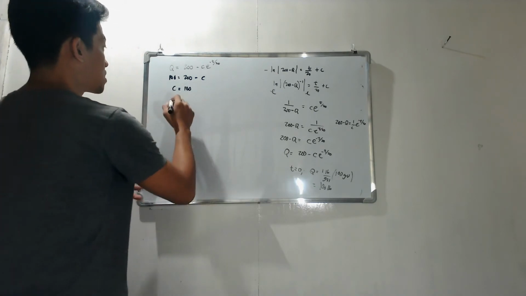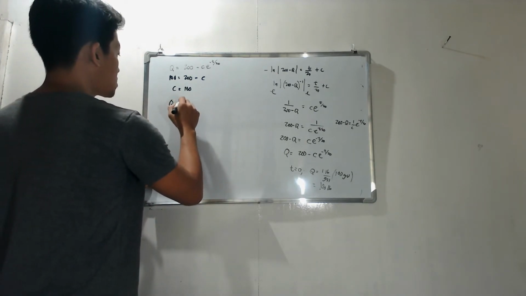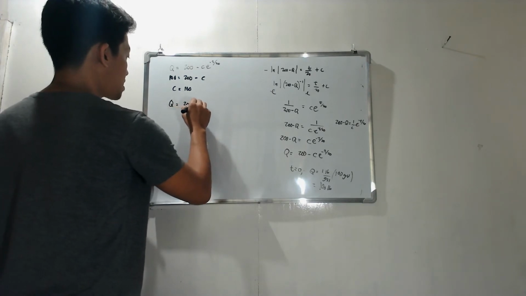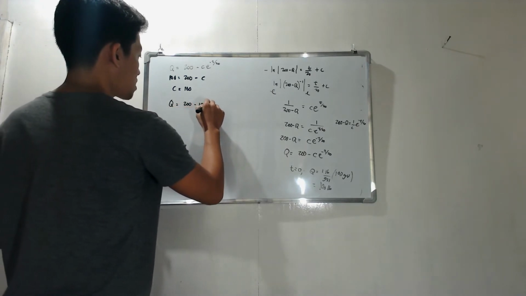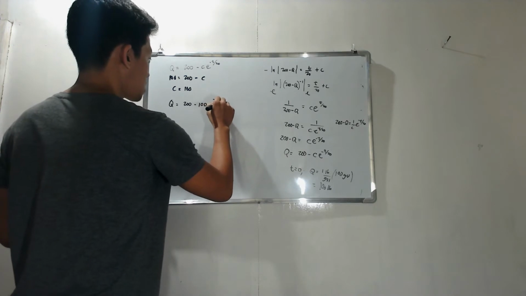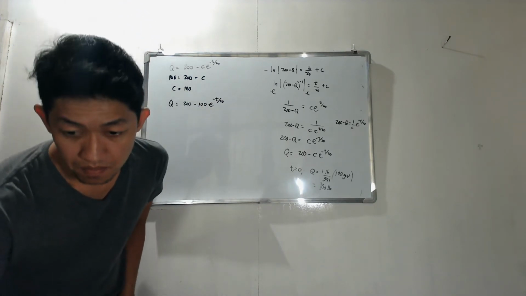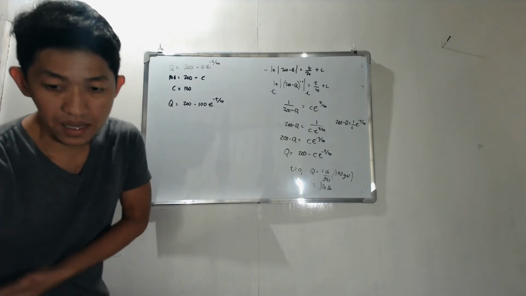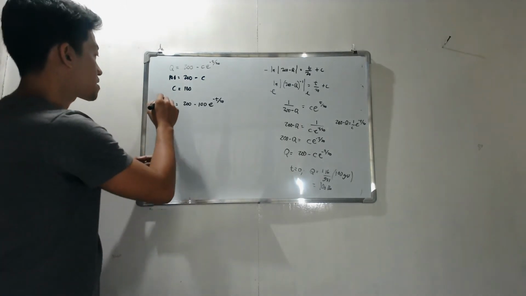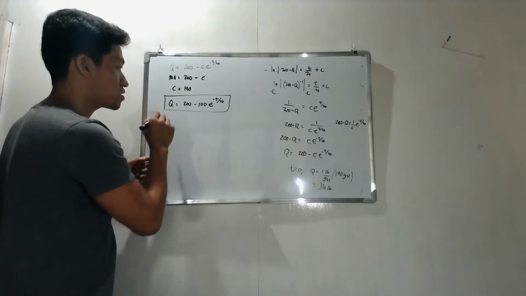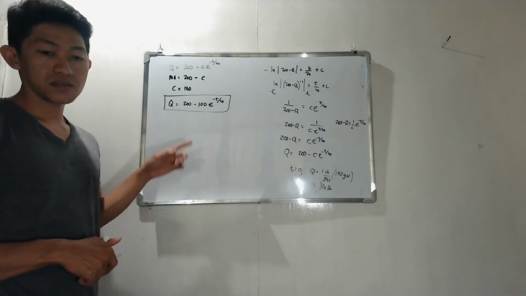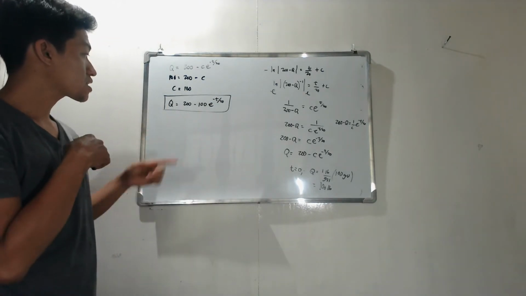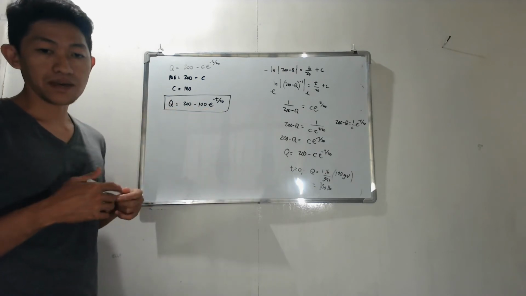Therefore, your equation will now be 200 minus 100 e to the negative t over 20, right? That's it. This is now the equation that would relate the amount of salt with respect to time.